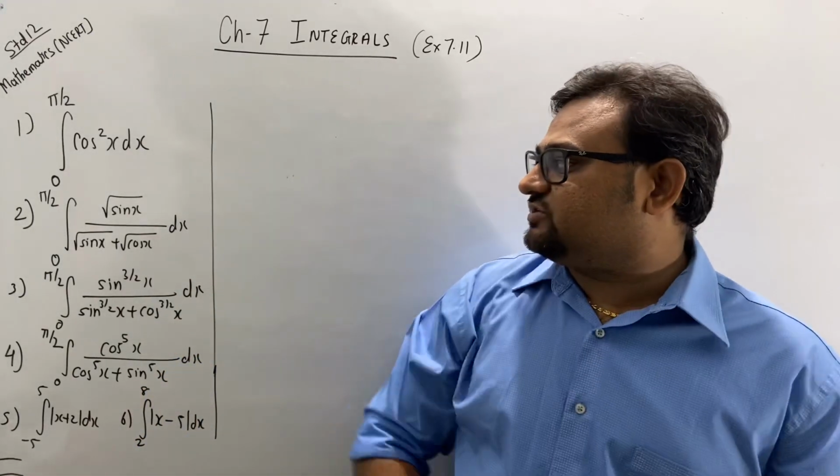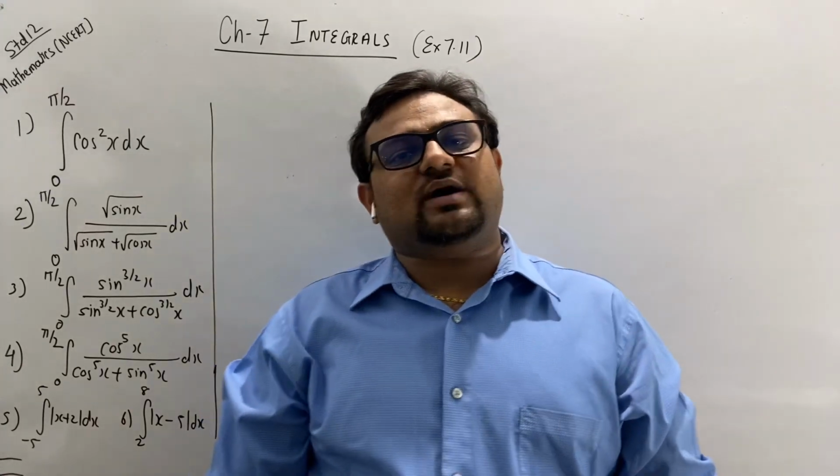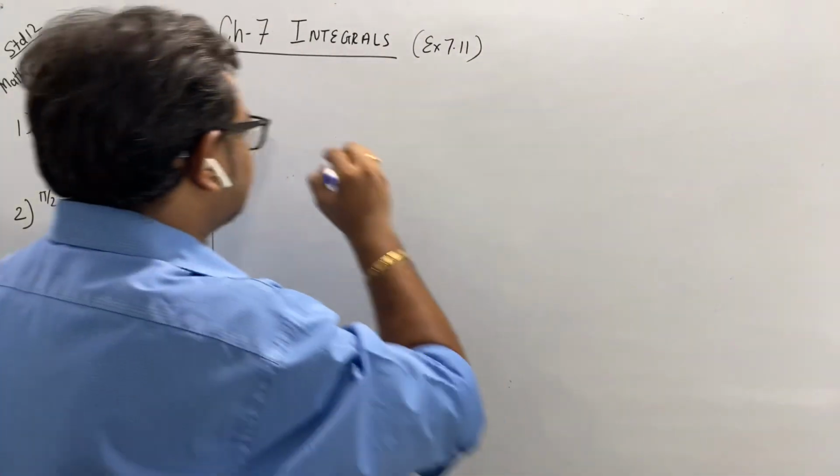So the first question, integral from 0 to pi by 2 of cos square x dx.